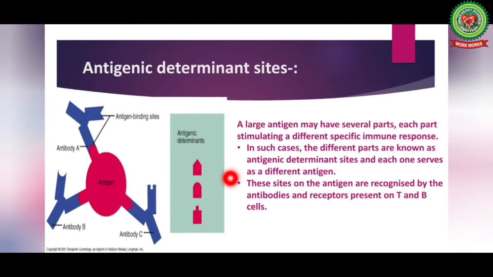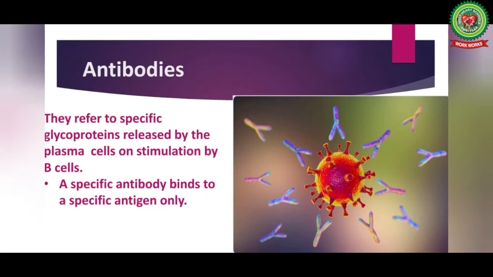So here we have shown in this image antigenic determinants on different arms of this antigen. Talking about antibodies, they refer to specific glycoproteins released by plasma cells on stimulation by B cells. And of course, we have discussed a specific antibody binds to a specific antigen according to the lock and key hypothesis.